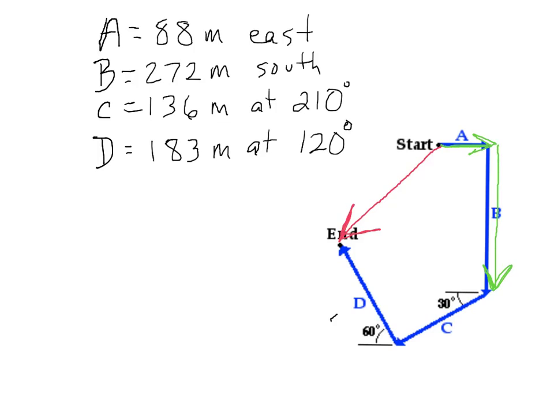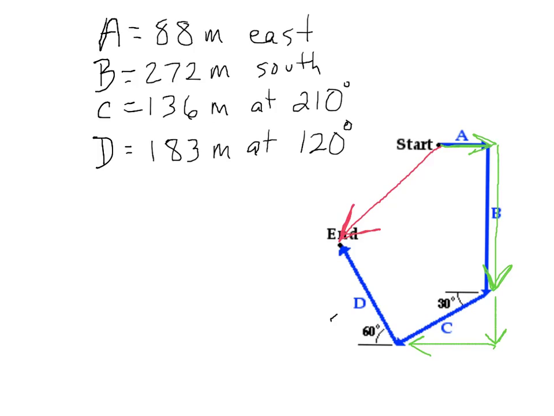But instead of walking at a direction called 210 degrees, which is along the direction of vector C, suppose we instead walk the southward part of that motion first, and then we walk the westward motion, and we have done what is equivalent to walking along path C.